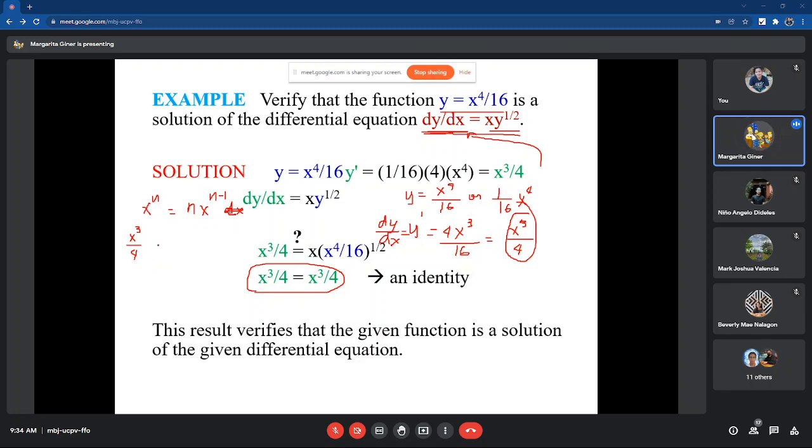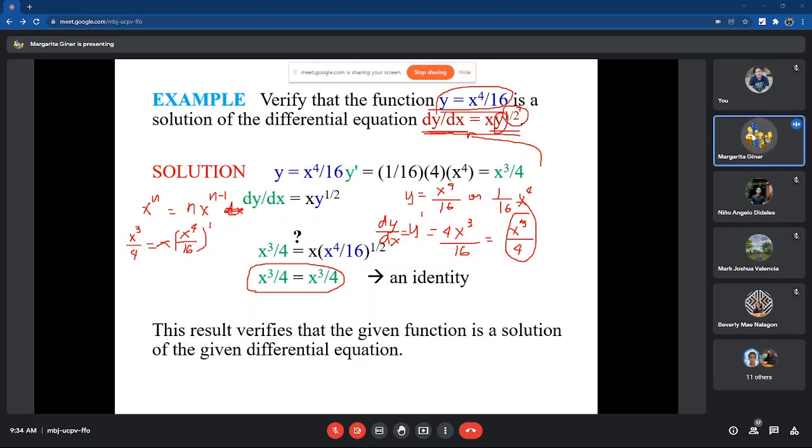Is equal to x, and then you have here the y. What is the value of y? So instead of y, multiply by x to the fourth over 16, but it is being raised to 1/2.